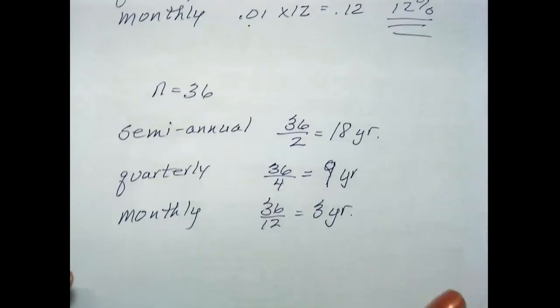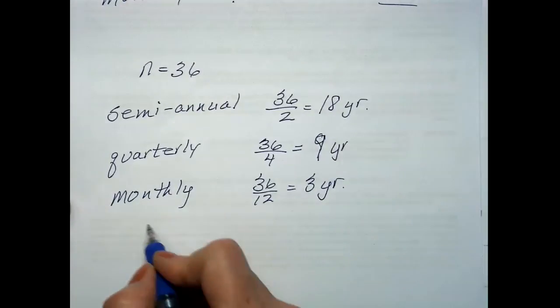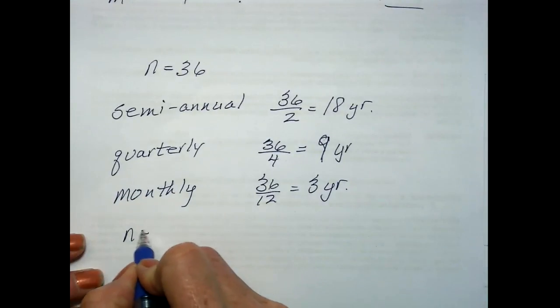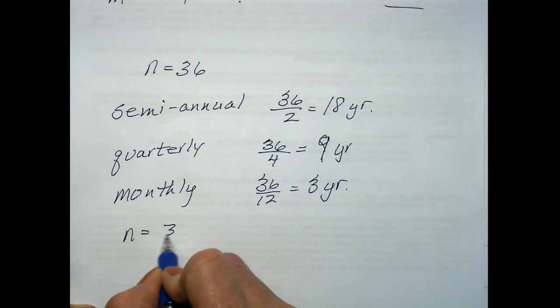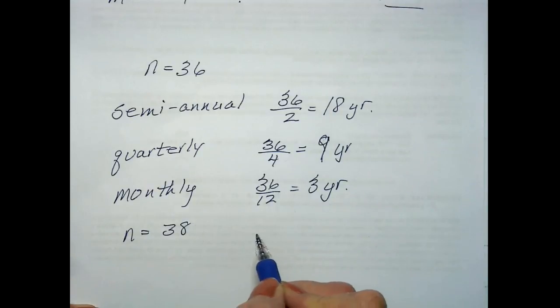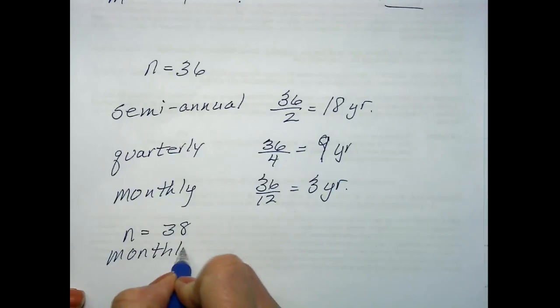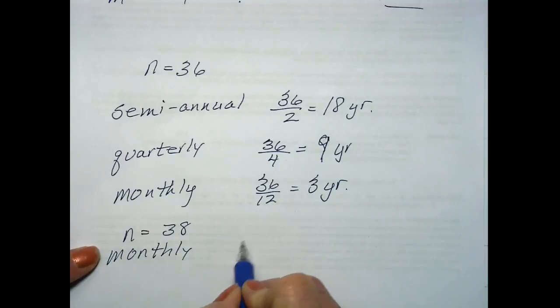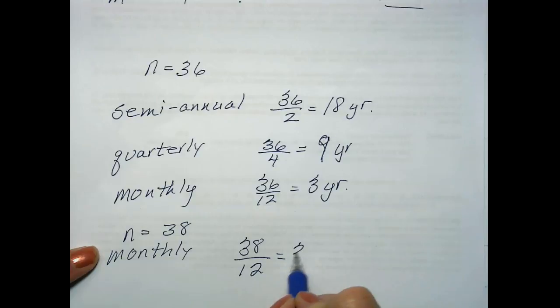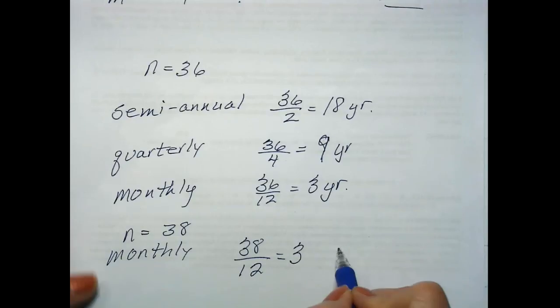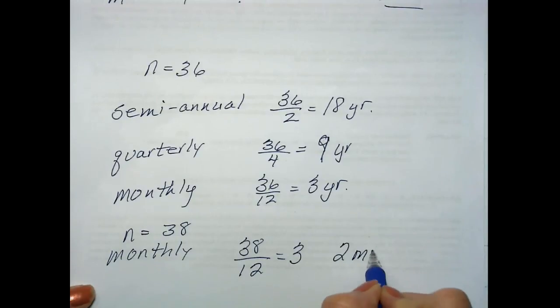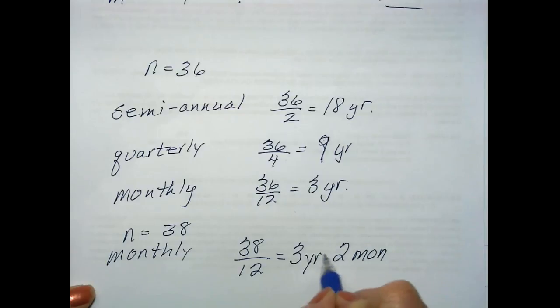We will do more difficult problems. You might get n equals 38, and then I say it's monthly. So 38 divided by 12, you have 3, but you have 2 months left over. 3 years and 2 months.